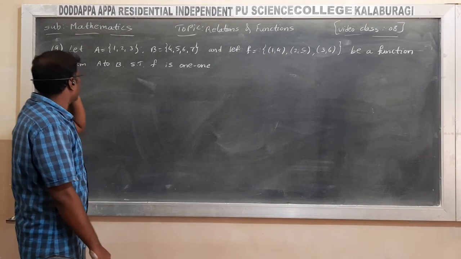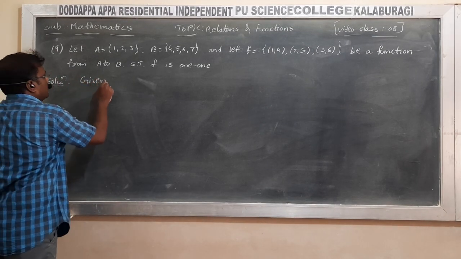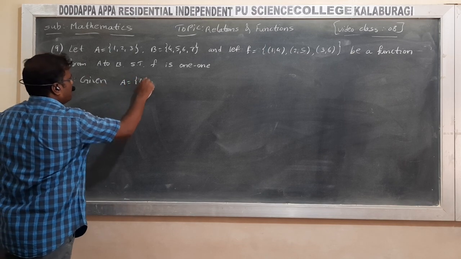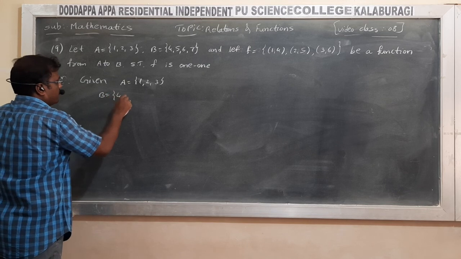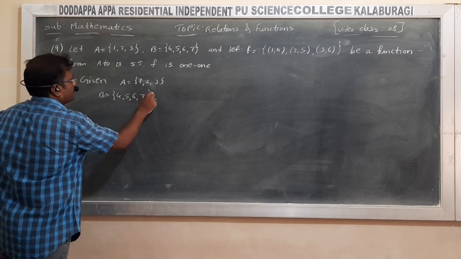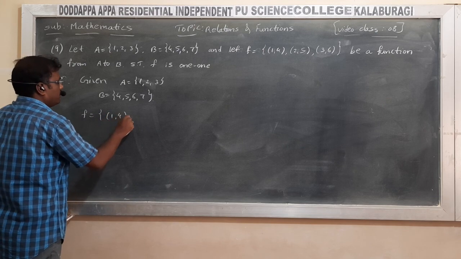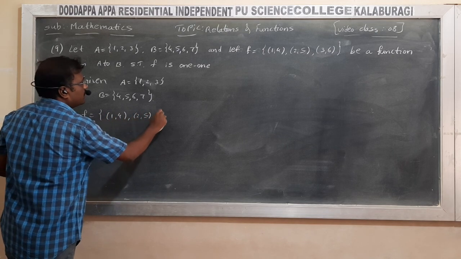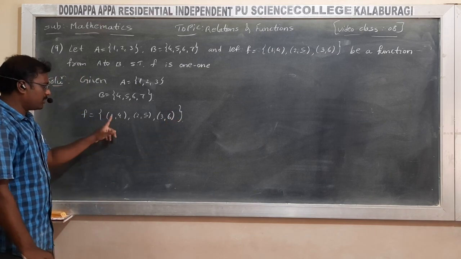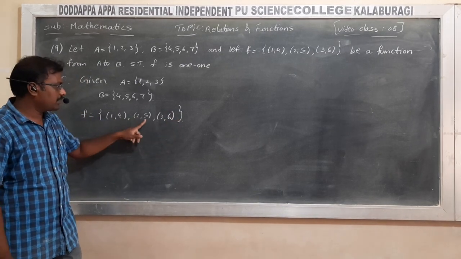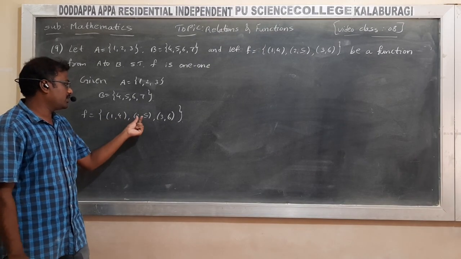Okay, we go for another problem, the ninth one. Here what is the given? A equal to the set {1, 2, 3}, B equal to the set {4, 5, 6, 7}, and f is given. f is equal to {(1, 4), (2, 5), (3, 6)}. Here you can observe 1 is related to 4, 2 is related to 5, 3 is related to 6. Different element, different image. Different element, different image.